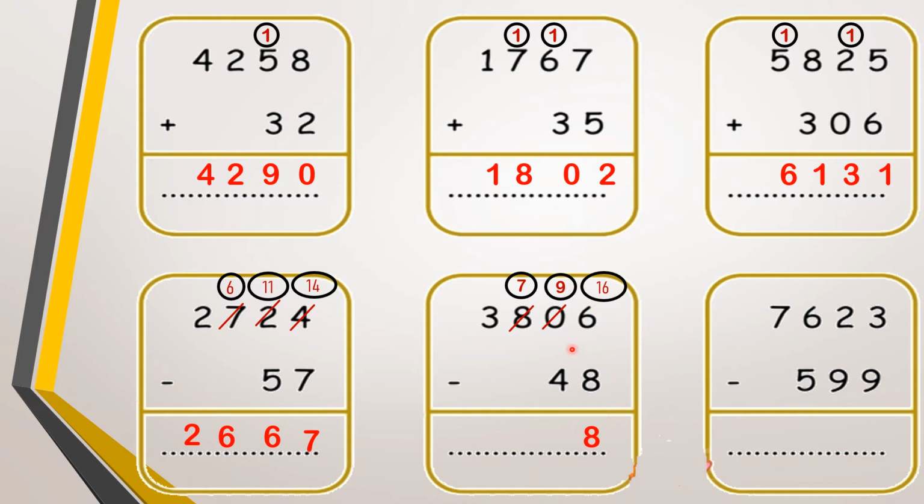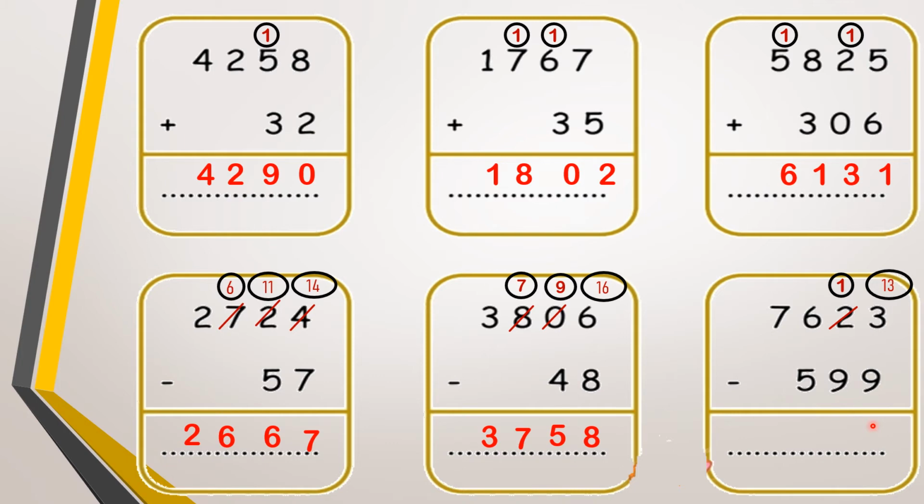9 minus 4 equals 5, and this 7 will drop down, and I have 3, nothing down, so I will put it. 3 minus 9, I can't take away 9 from 3, so this 3 will borrow 1 from 2. So this 2 will be 1 and this 3 will be 13.